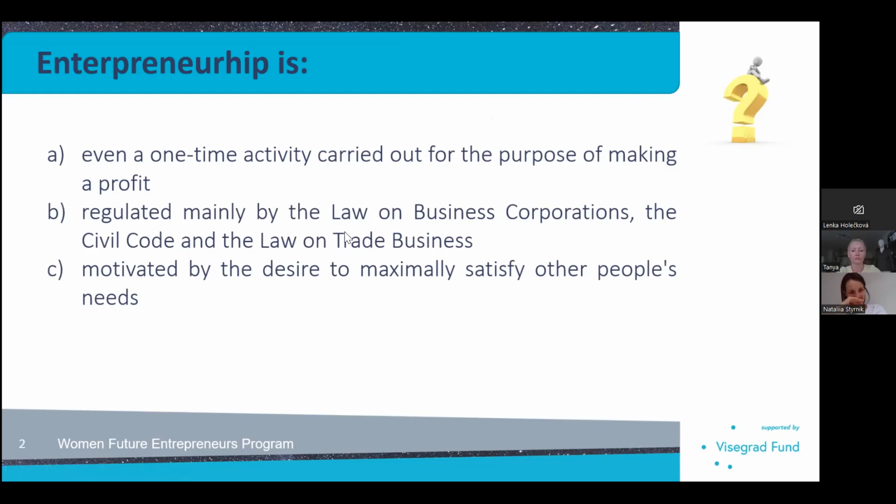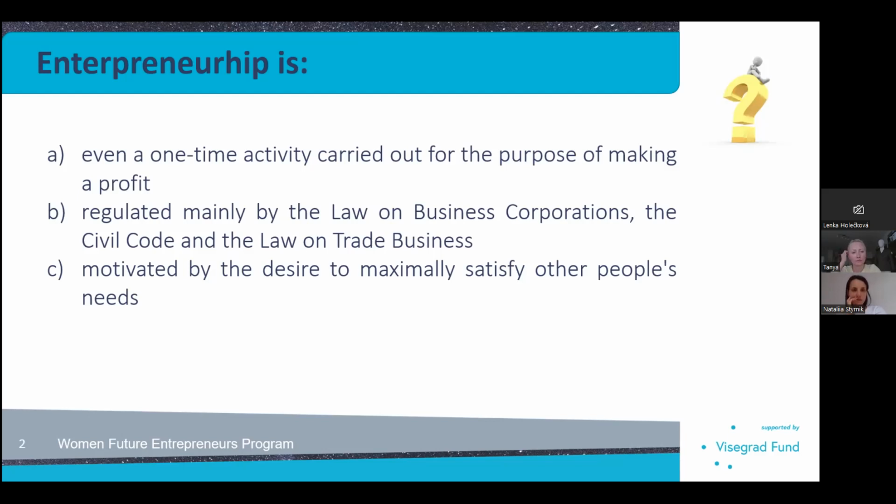B is correct, definitely, because entrepreneurship is regulated by the law of business corporations and also the civil code. To znamená zákon o obchodních korporacích in the Czech language. Civil code is občanský zákoník in the Czech language. And the law on trade, business, živnostenský zákon or trade licensing act, in fact.